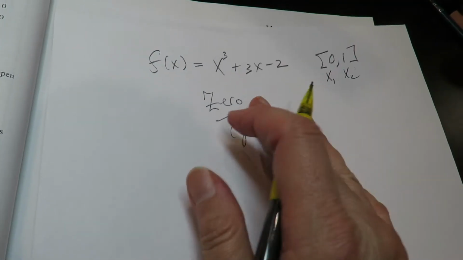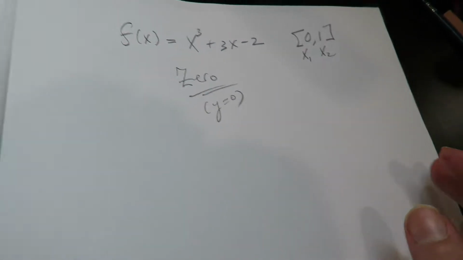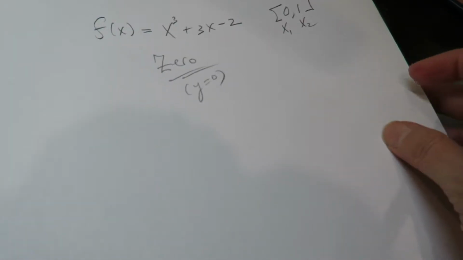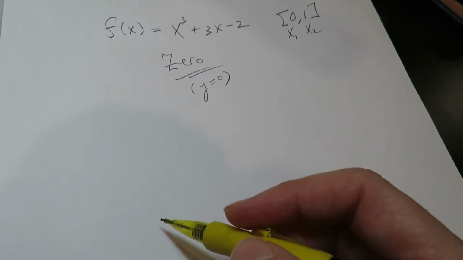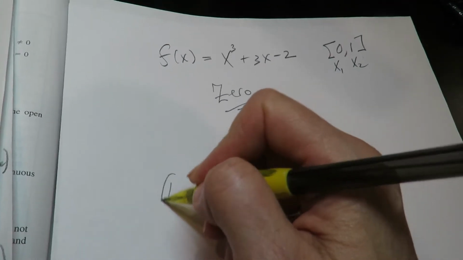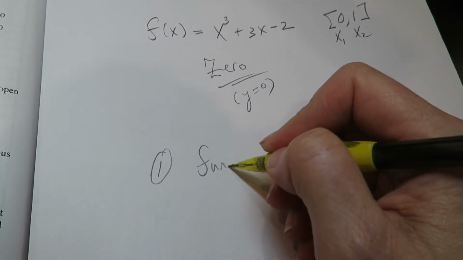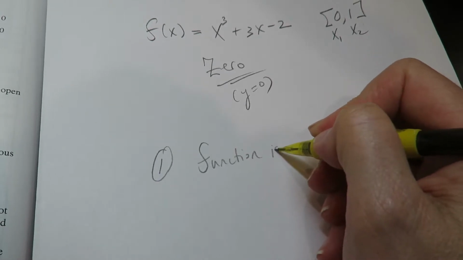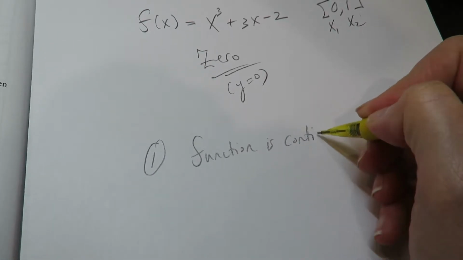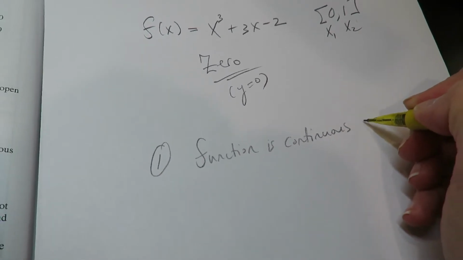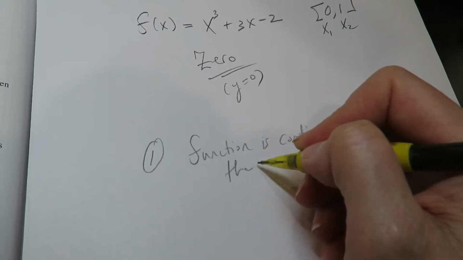Now there's three things I want to see on the test. I don't care how fancy or not fancy you do this, but there are three specific parts that I'll grade you on. So the first thing I'm going to grade you on is you say that the function is continuous on the interval.